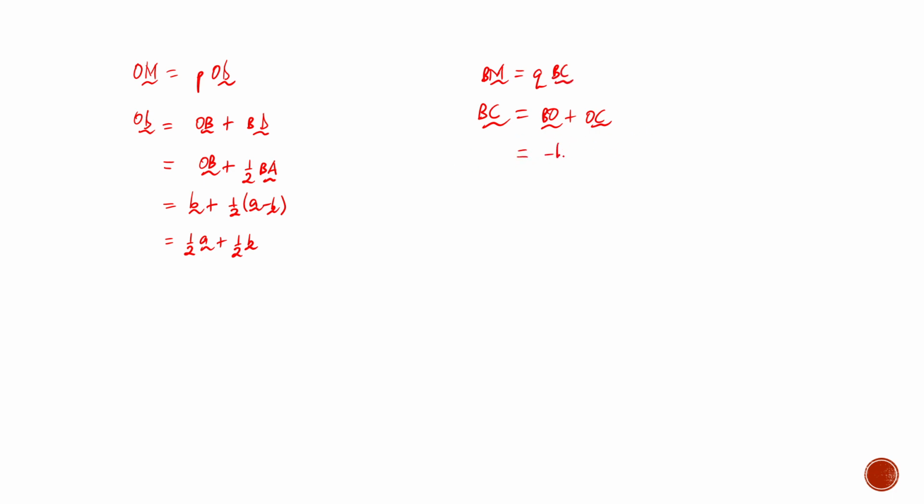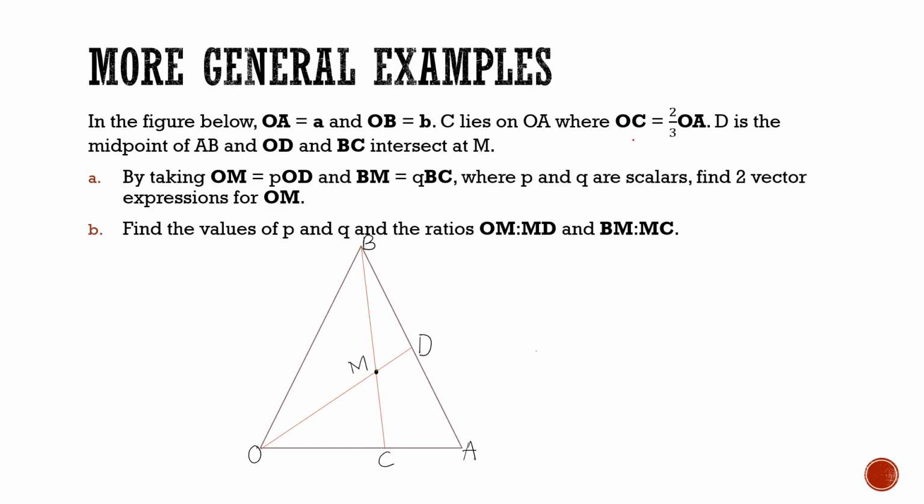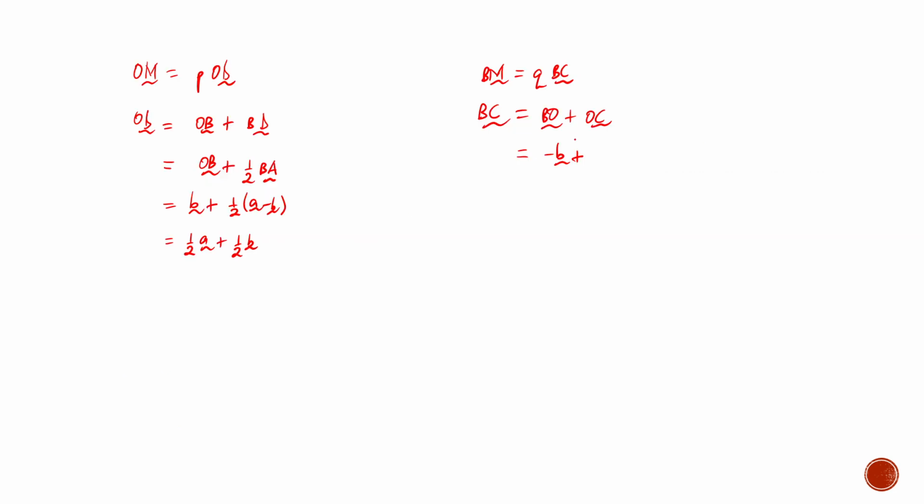We know that BO is negative B, and OC in the question is 2/3 of OA, which is 2/3 of A. So BC should be 2/3 A minus B. That means that BM is equal to Q times (2/3 A minus B), which is 2/3 Q times A minus QB.